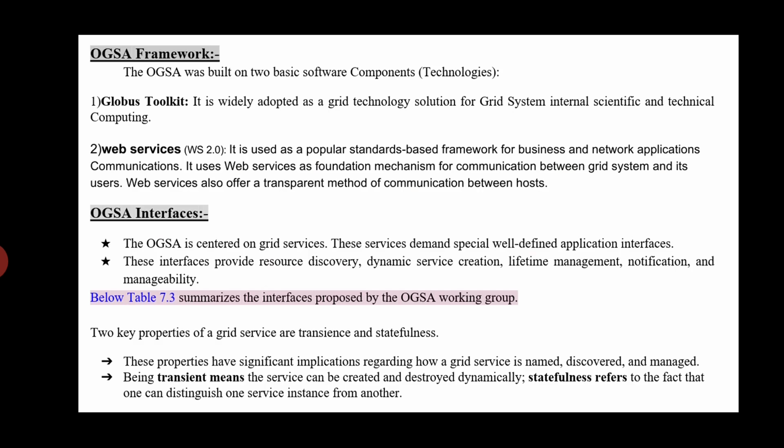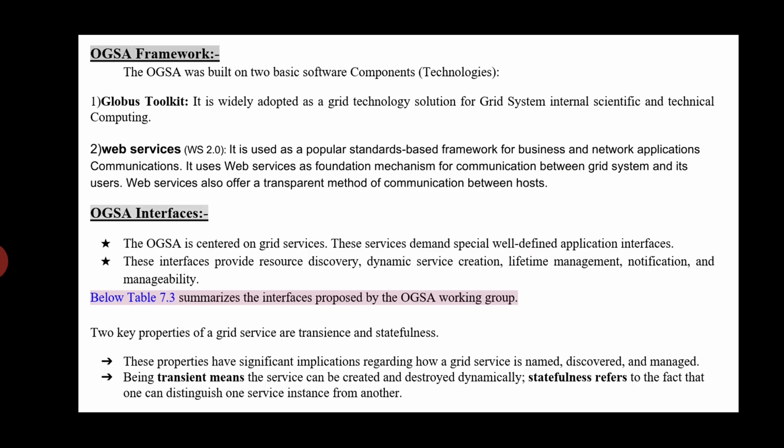Coming to the Open Grid Service Architecture interface, what we have to see now is that the Open Grid Service Architecture is centered on grid services. These services demand special well defined application interfaces.